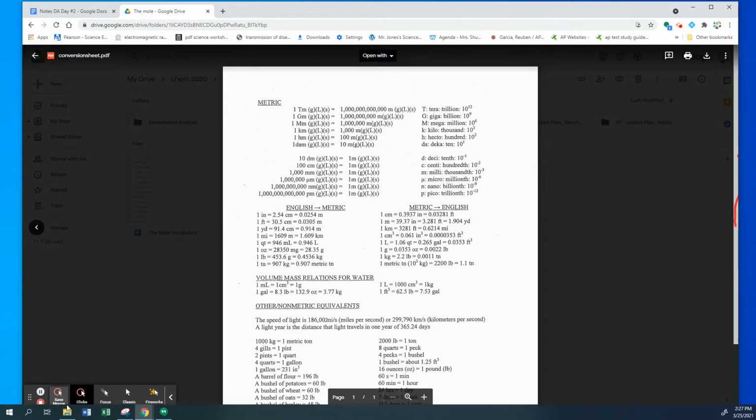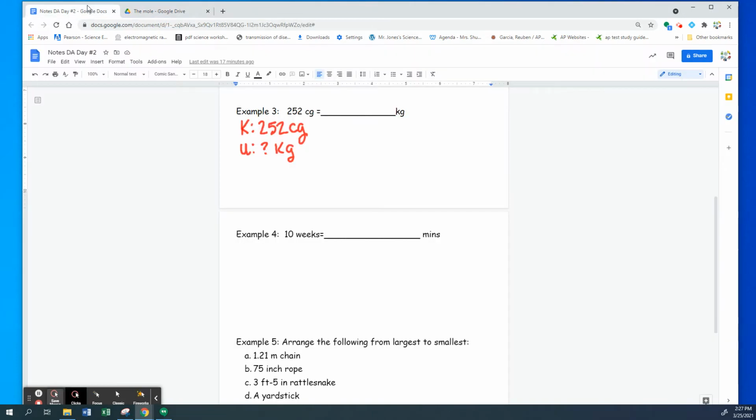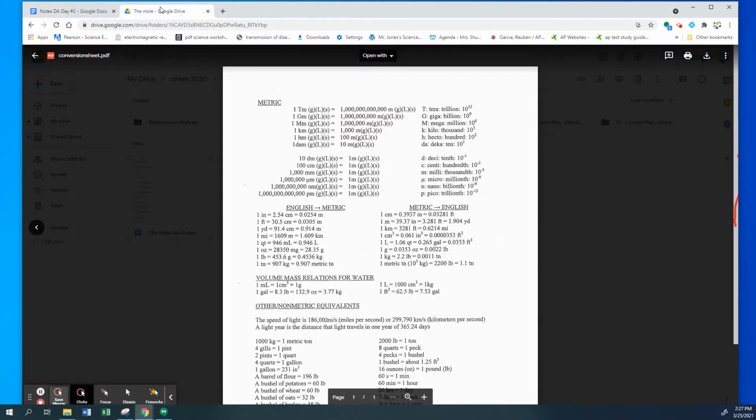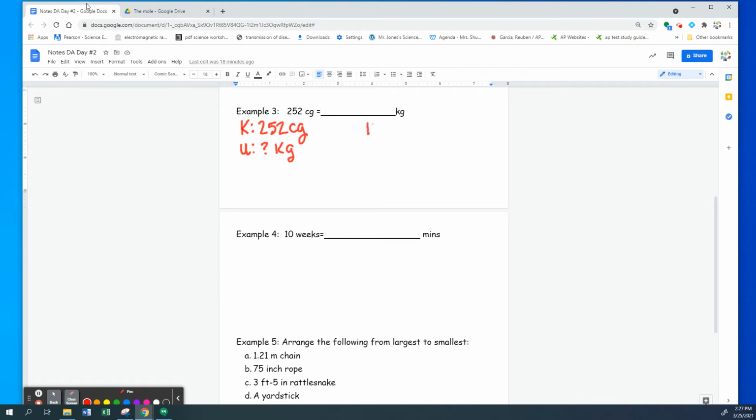So I'm going from centigrams to kilograms. I'm going to look here, centa to regular, to our base unit, then from our base unit to kilo. So 100 centigrams equals 1 gram. And then 1,000 grams equals 1 kilogram.